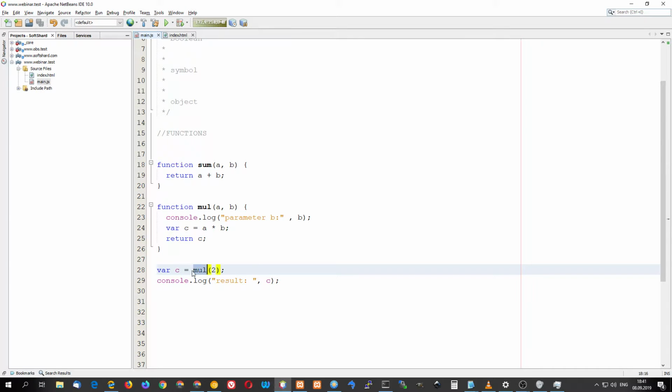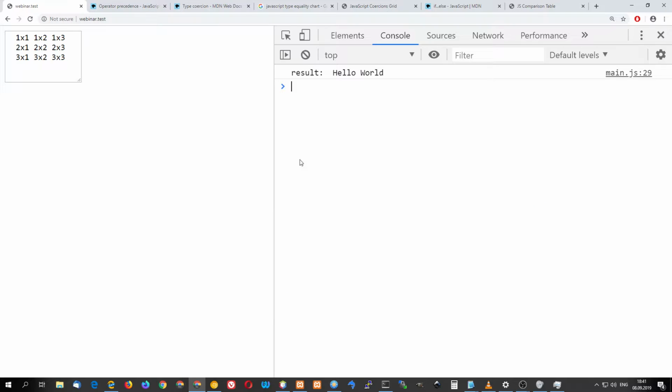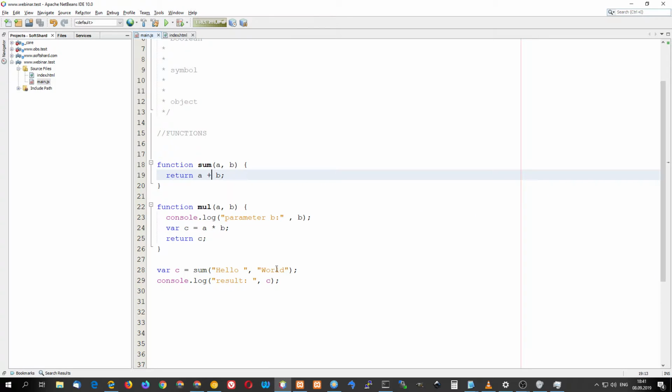So let's say I would have some, we already know we can concatenate strings using the plus sign, and the result is hello world.